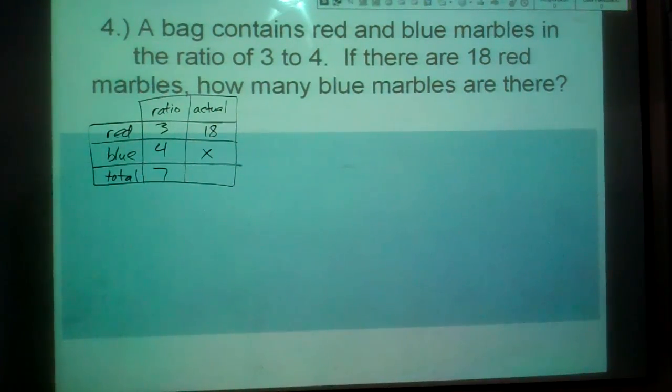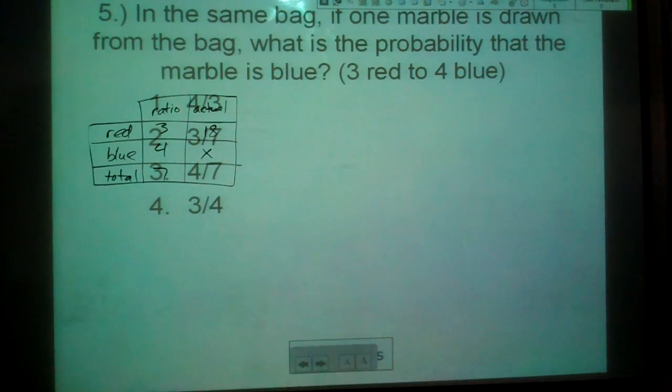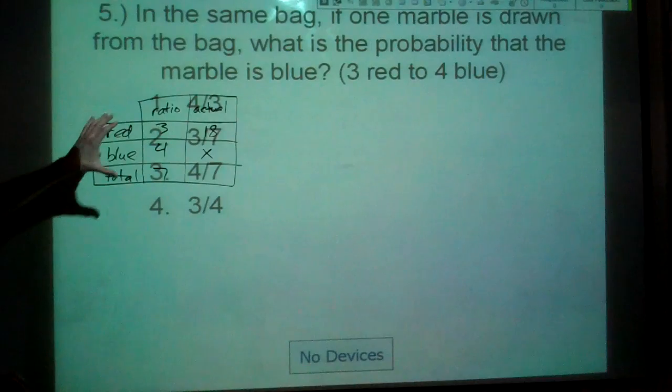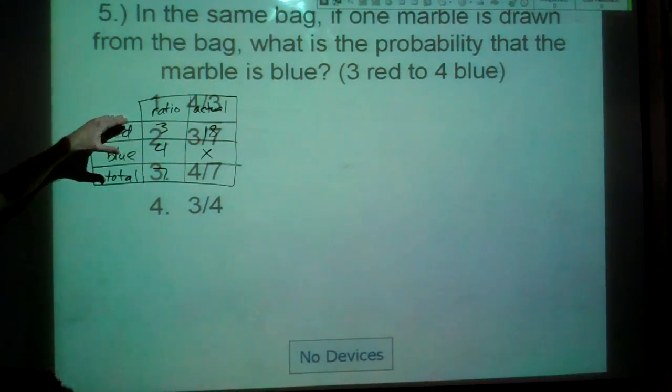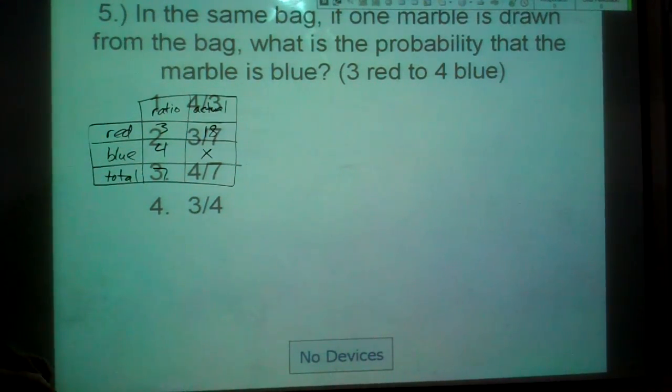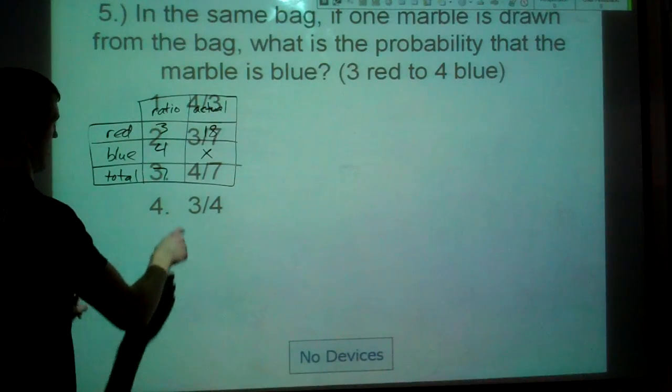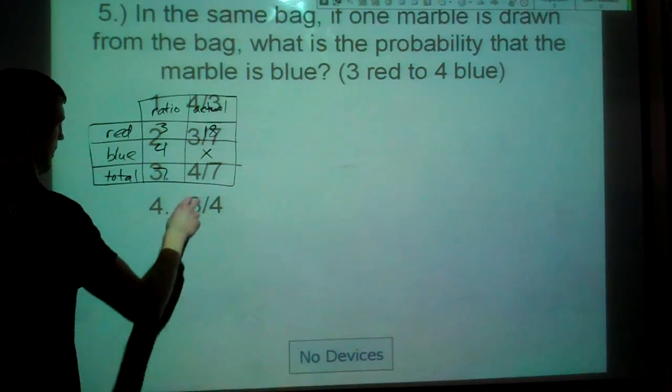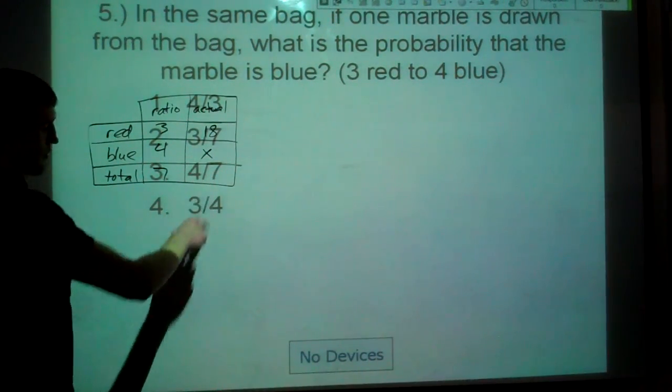Number 5 relates to this problem. Sorry, I'm covering up my answers there. It says if we were to pull out one marble, what's the probability that the marble is blue? I told you earlier there's a simple way to do this. Use the ratio column because that gives you the reduced version of the fraction. Otherwise you have to figure out how many blues there were and what the total amount actually was and then find the fraction.